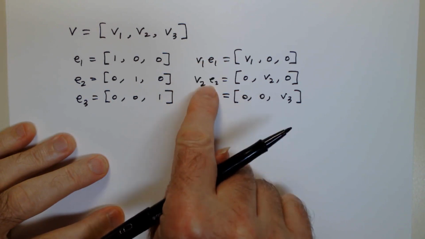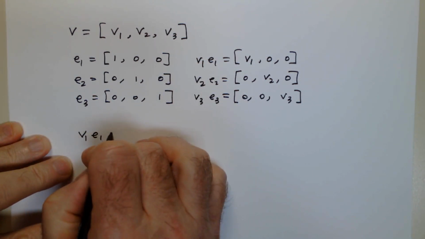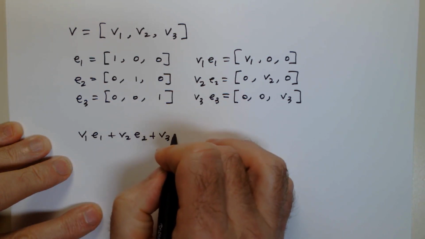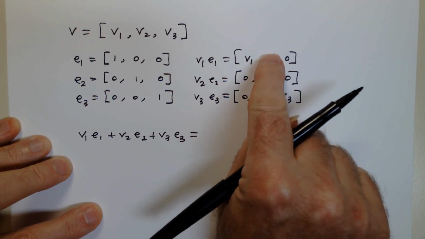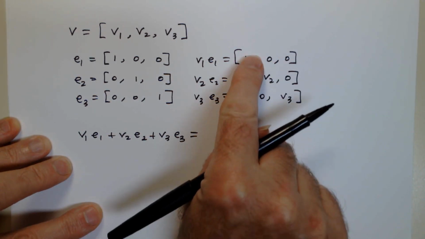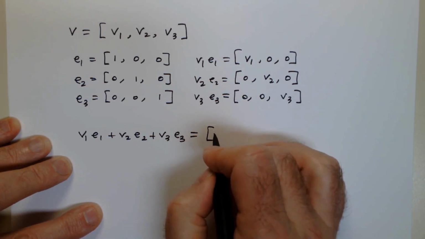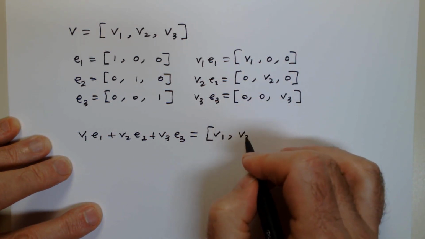If I add these three vectors together, so if I form V1 E1 plus V2 E2 plus V3 E3, they're going to add component-wise. And so we can see the first component of the resultant is just going to be V1. The second component of the resultant is going to be V2.